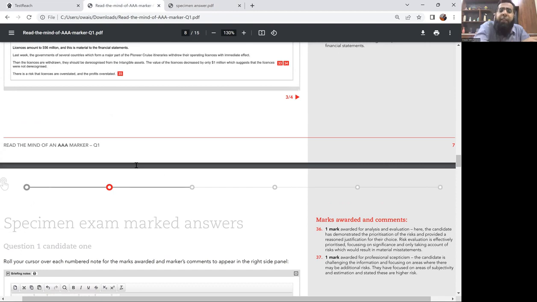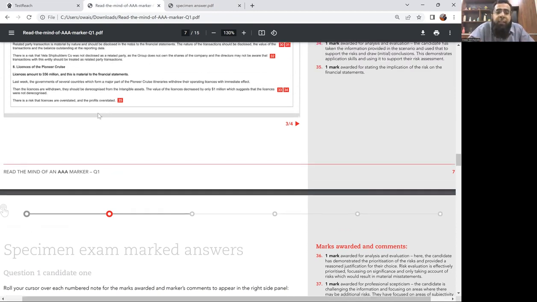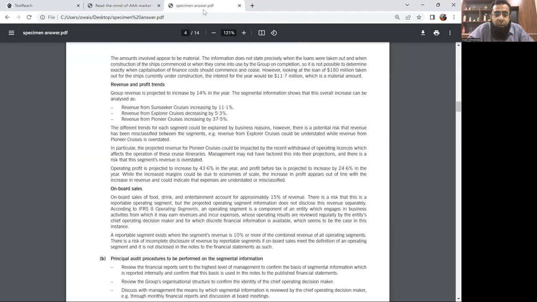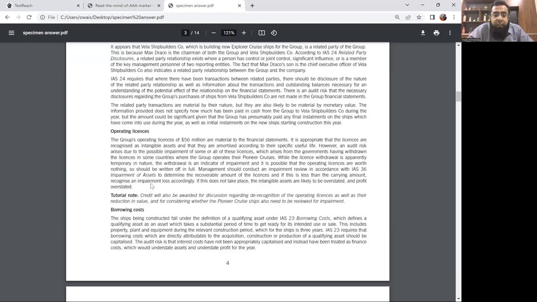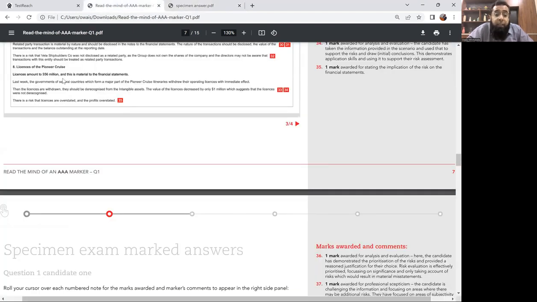Compare any point of this candidate one with the examiner answer. Like just look at this license point, license of binary. He just wrote this much, and then look at the examiner answer. Just look at the license point of the examiner. This operating license, and he wrote this. 1, 2, 3, 4, 5, 6, 7, 8 lines. And just look at his answer.